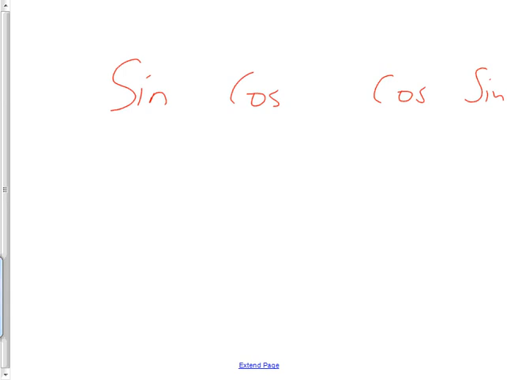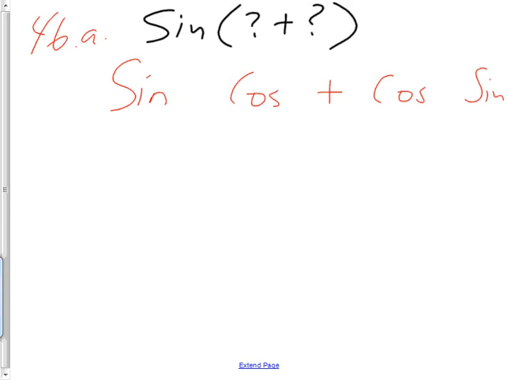I have. It's in that one that we give you on the sheet. And that must be the sine of something. Is it plus or minus in this one? We're doing 46a, right? And 46a is a plus in there. So there's a plus in here. So that means this is really one of these. Sine of something plus something.